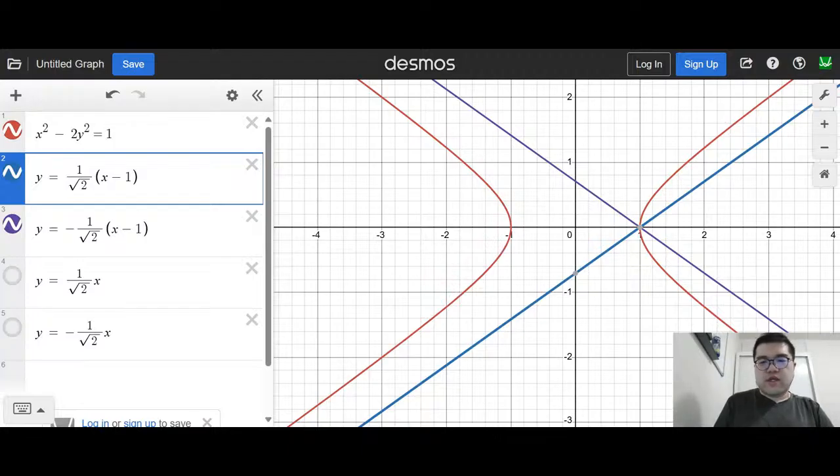Great. And again, we're going to multiply all terms by m squared, so that we end up with no fractions, which will be easier for our calculation. So we end up with the quantity y plus m, squared, minus 2m squared y squared equals m squared. There are a lot of m squares in this expression.